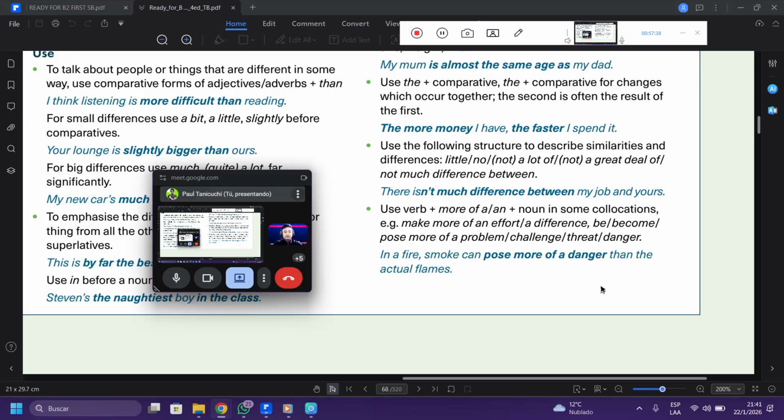It could be my life. I'm sorry, I forget. Okay, take your time to think, to organize your thoughts. There isn't a lot of difference between my hair and hers. And hers, perfect. Yes.